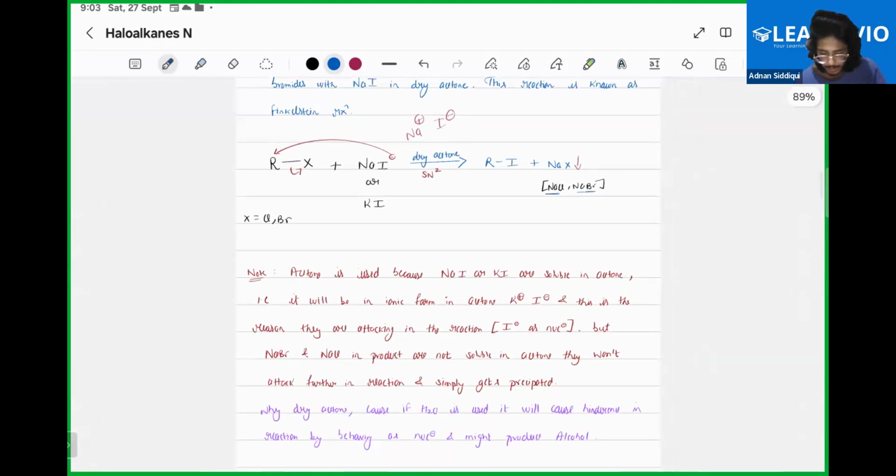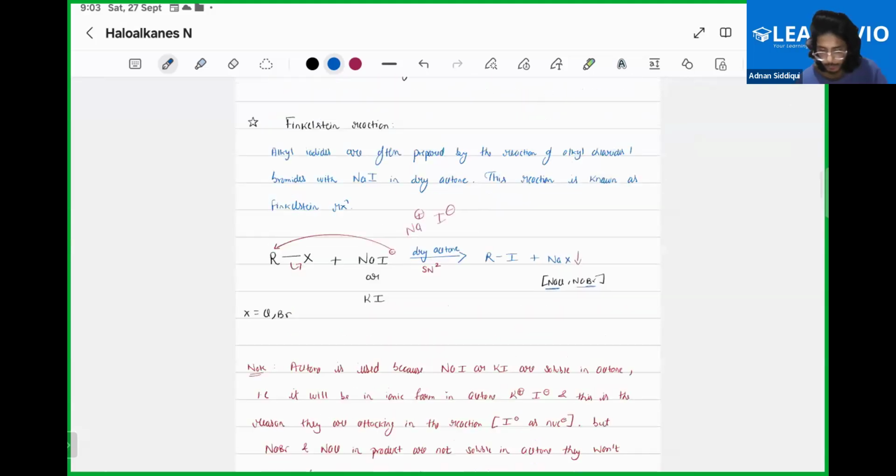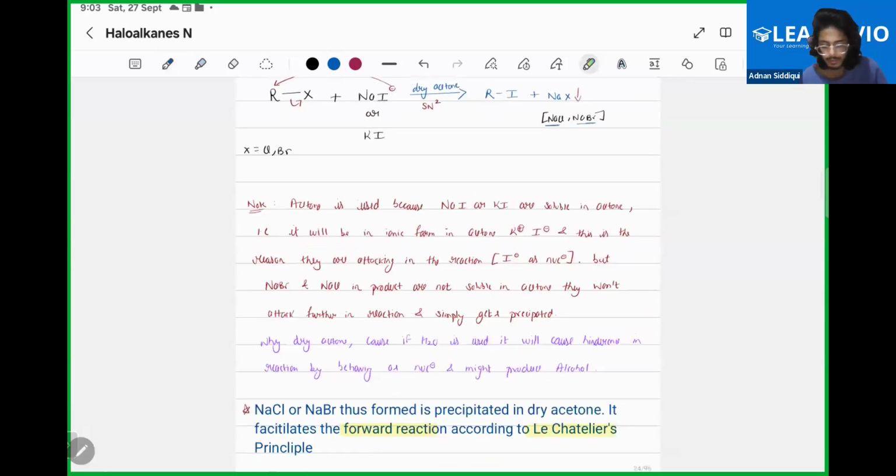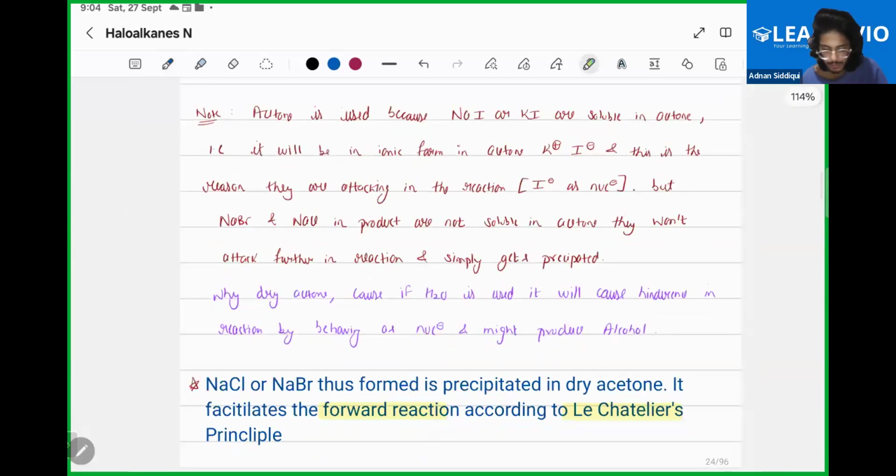This is a very important reaction. Please take a few minutes. Look at this entire thing. I hope this part was clear because you yourself told me what this is. Just look at this, and if you have any doubts, let me know.